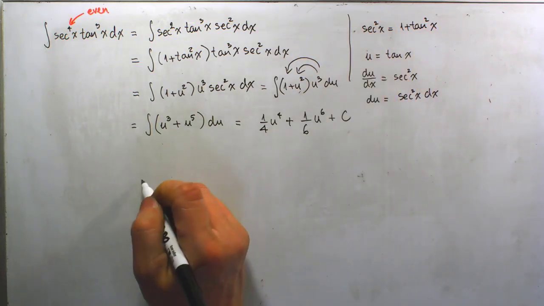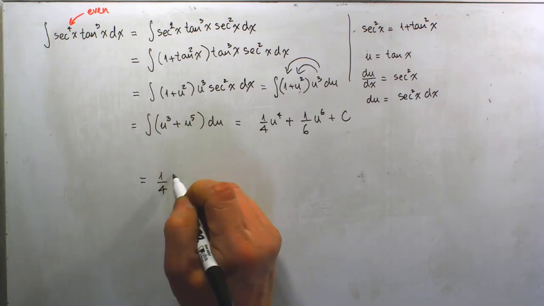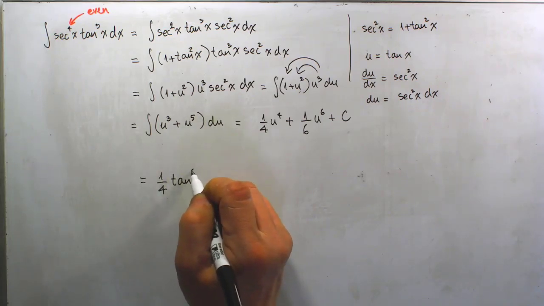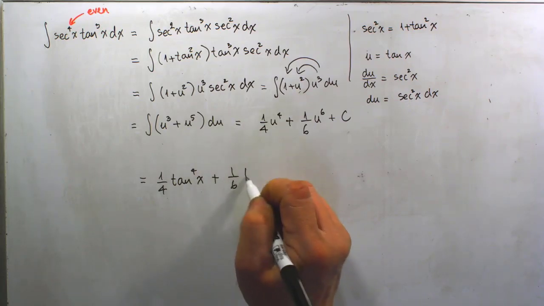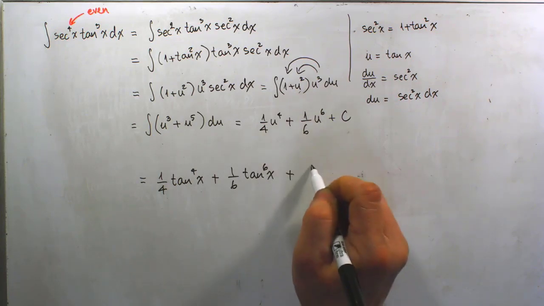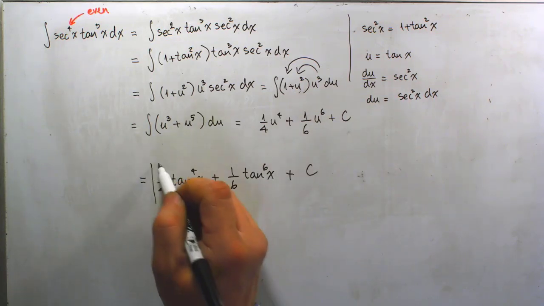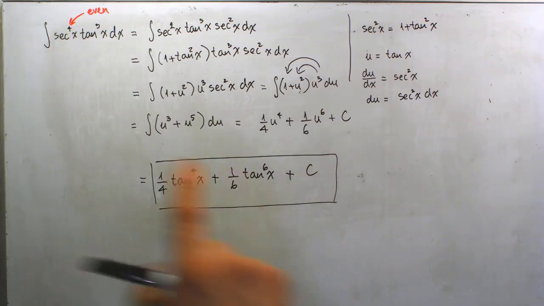So our final answer will become 1/4 tangent to the 4th of x plus 1/6 tangent to the 6th of x plus c. And this is how we found the integral.